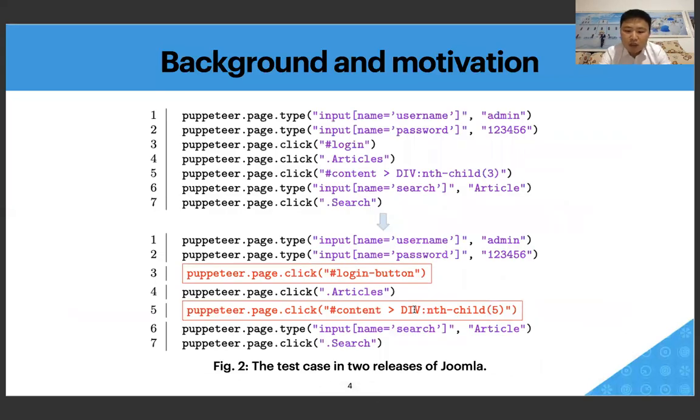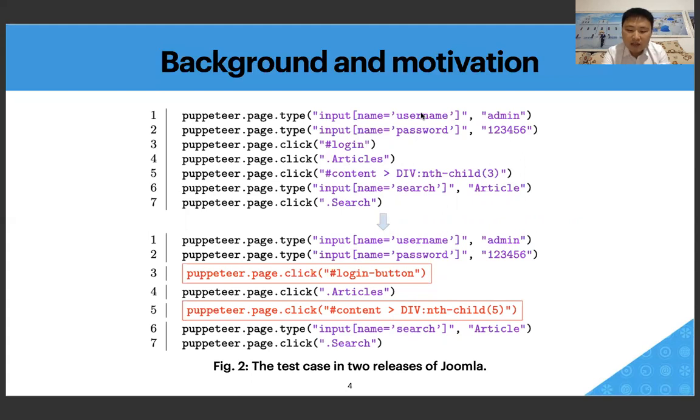Figure 2 is the test case in the 2 releases of Joomla. A test case is composed of a sequence of user actions that simulate actions performed by a user in the browser, such as opening a web page, clicking a button, or inputting something.